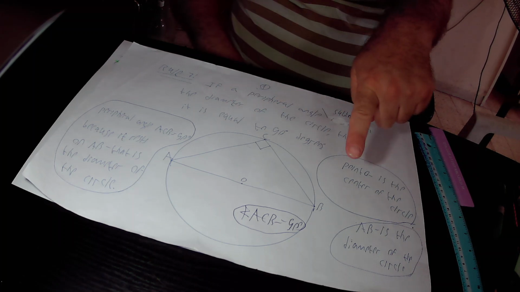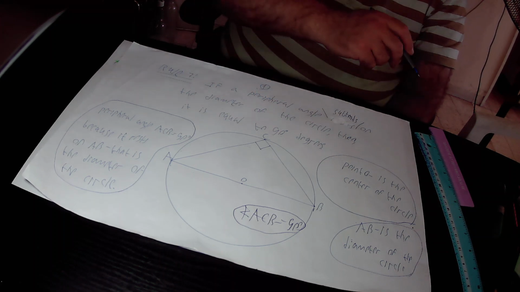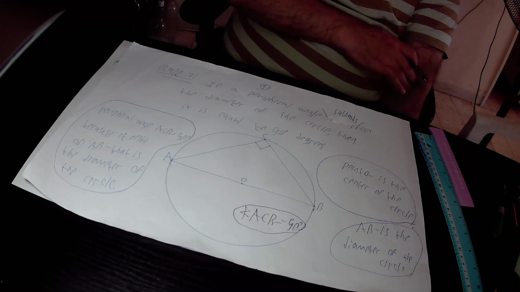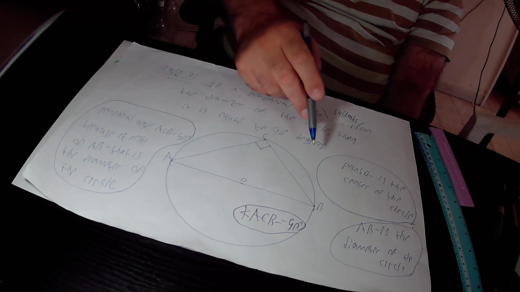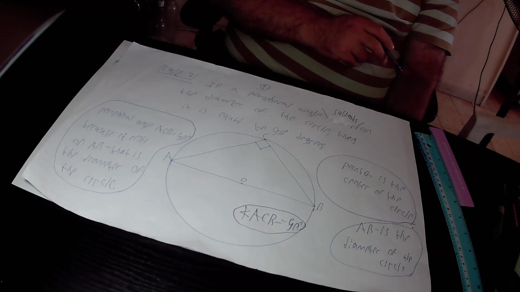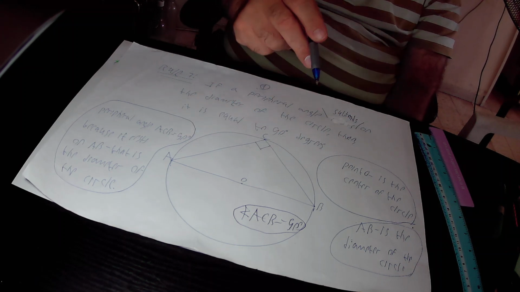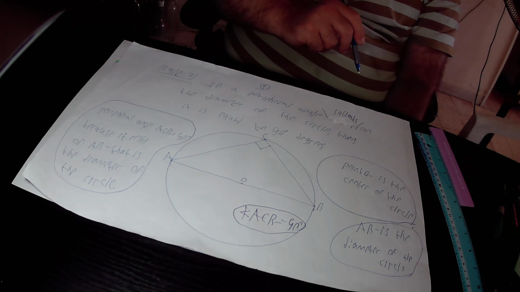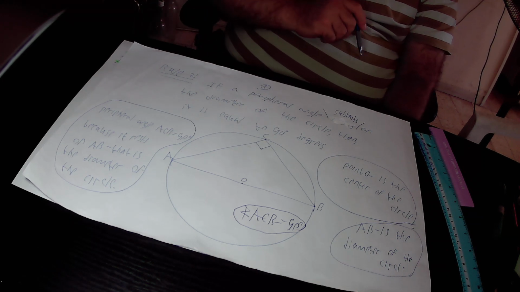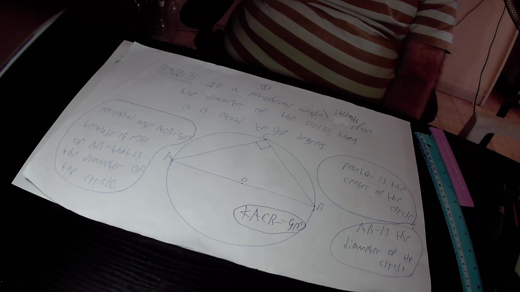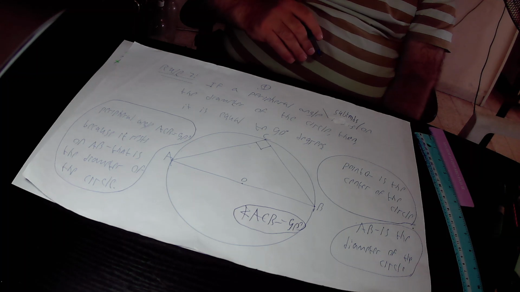This is peripheral angle ACB. We don't know the size of peripheral angle ACB, but because this peripheral angle ACB subtends on AB, that is the diameter of this circle, it must be equal to 90 degrees in its size. So peripheral angle ACB equals 90 degrees according to rule 7. Any peripheral angle that subtends on the diameter of the circle must be equal to 90 degrees in its size according to rule 7.